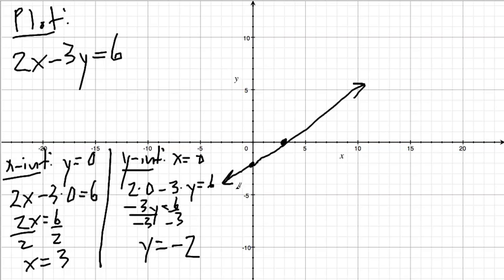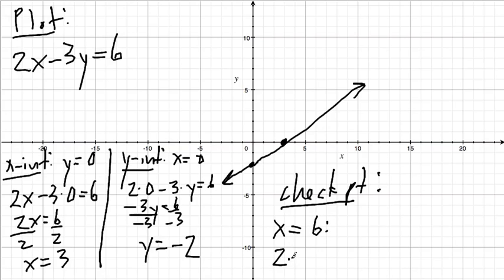If I want to, I can plug in another point to do a checkpoint. So let's do a checkpoint. Let's say x be equal to, I don't know, 6. So that gives me that 2 times 6 minus 3y is equal to 6, or that's 12 minus 3y is equal to 6.